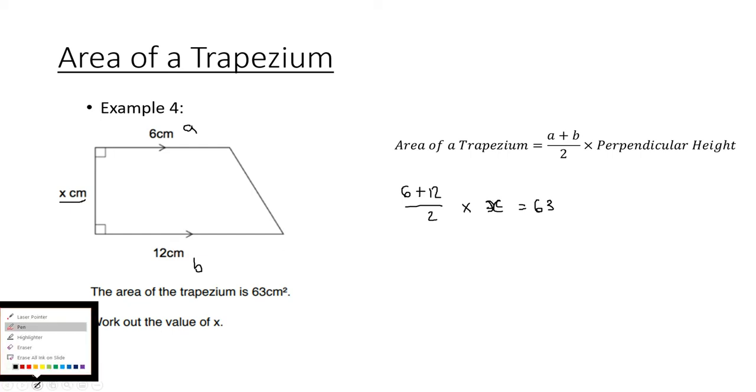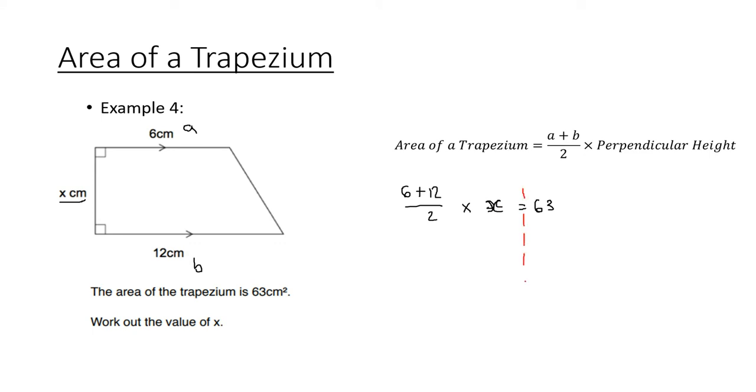So first thing we have to do to get x on its own is expand the fraction there. So 6 plus 12 gives me 18 divided by 2, and then 18 divided by 2 gives me an answer of 9. So I'm going to have 9 multiplied by x is equal to 63. Now that makes it a little bit easier, because now I need to get rid of the 9 so that I leave x on its own.